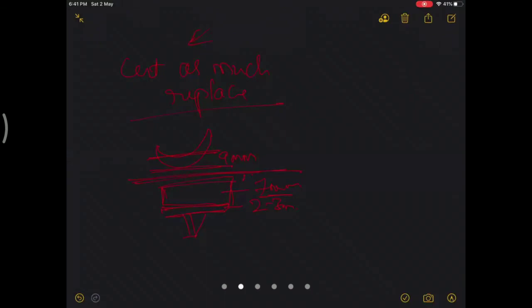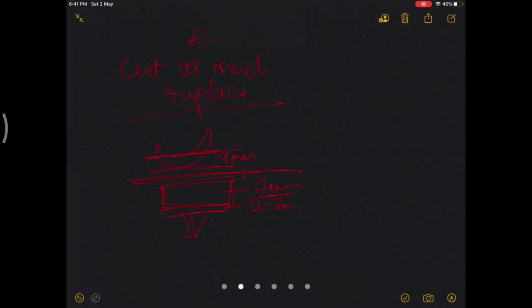So you cut the femur 9 mm all around, and you replace that with the prosthesis, and you take a cut of around 9 mm in the tibia, and you replace it with the implant.